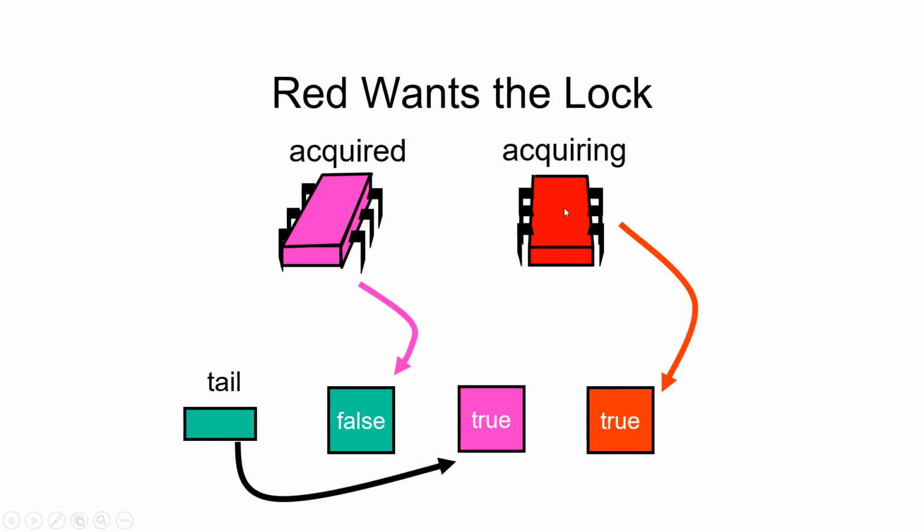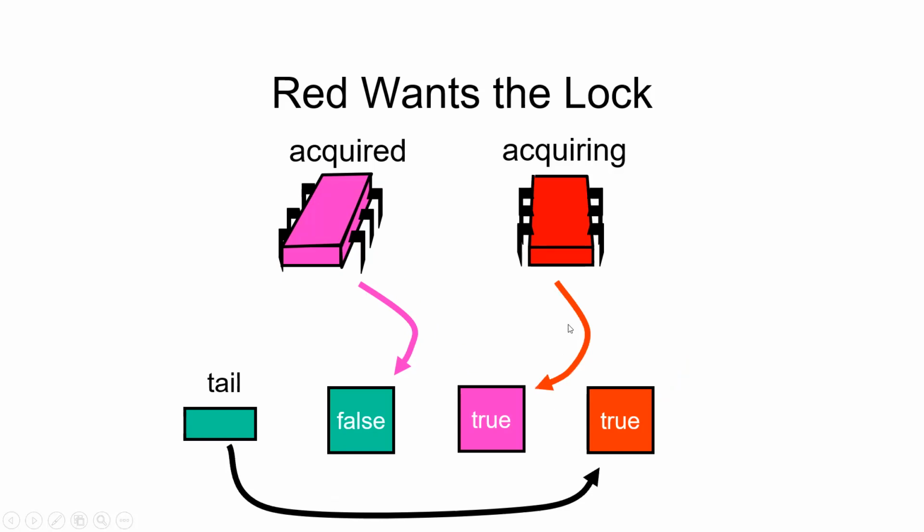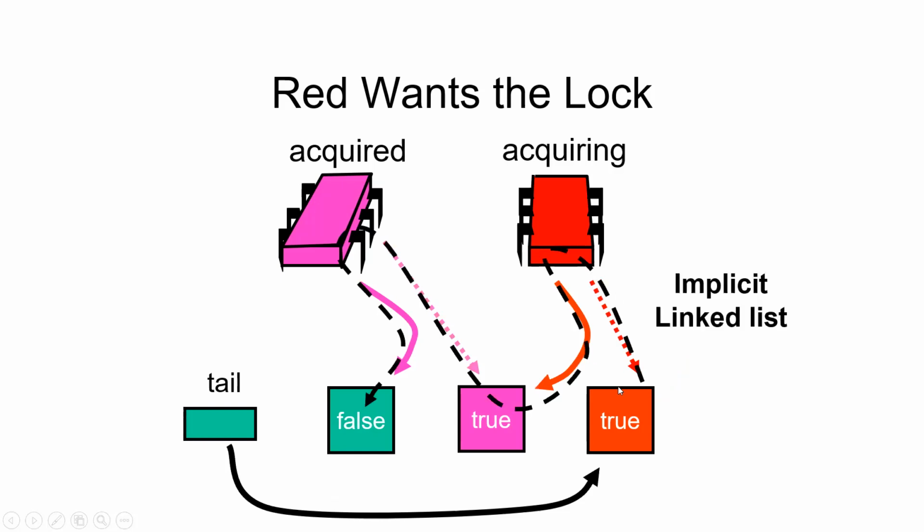So this red thread will spin on the pink thread's QNode, and the tail will point to the red thread's QNode. Swapping, right? Now, if you look at this, it forms a linked list. It is not a direct linked list, it is an implicit linked list, meaning it is forming like this.